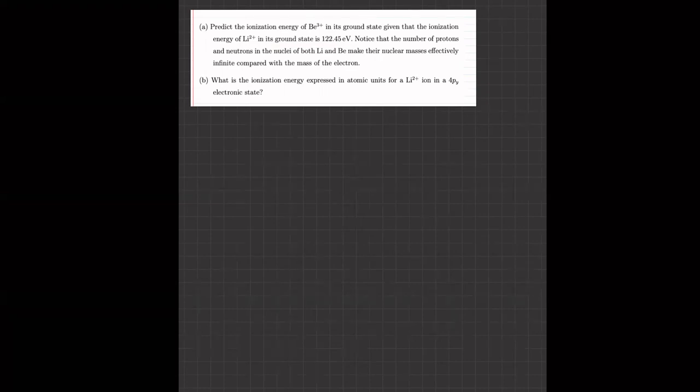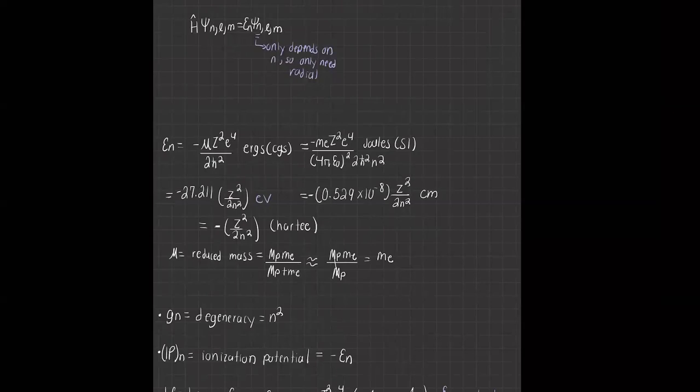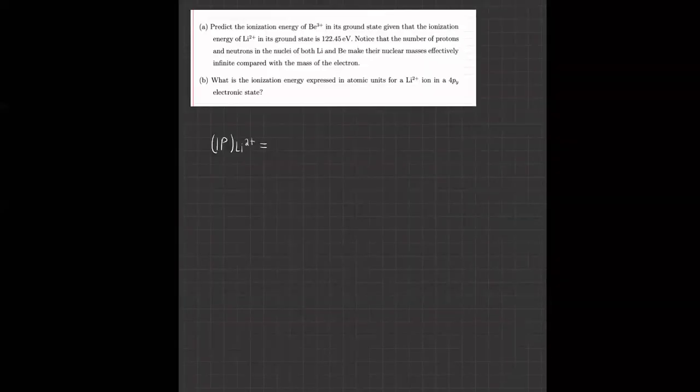So we know the ionization potential for lithium is going to be equal to, let's put all these constants into one variable called W, times Z squared over 2n squared.